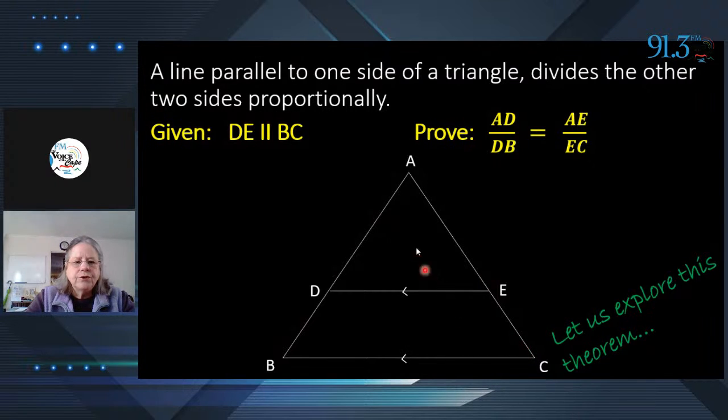But we can also do AB, a long one, to a short one, AD, is the same as AC to AE. So I strongly suggest that you read up on this so that you can see exactly what we can also do with these ratios over here. So let's explore this theorem.